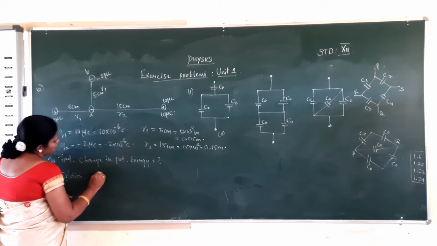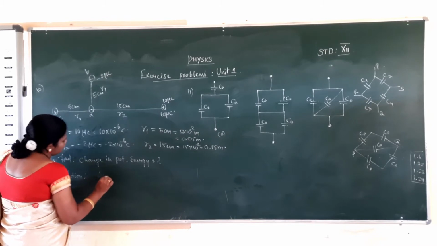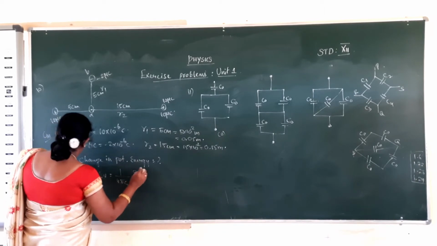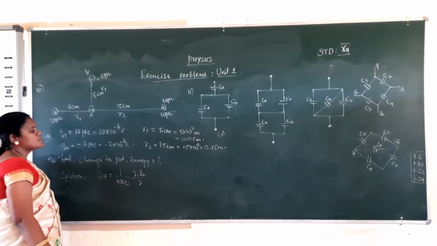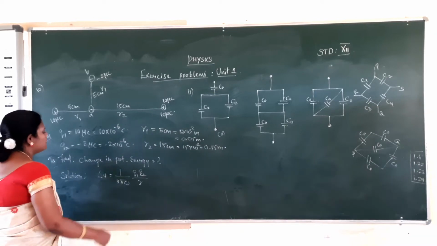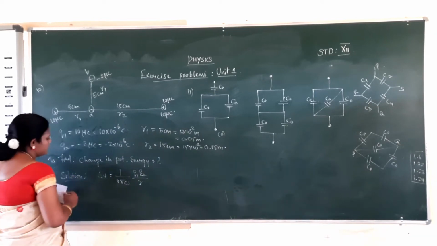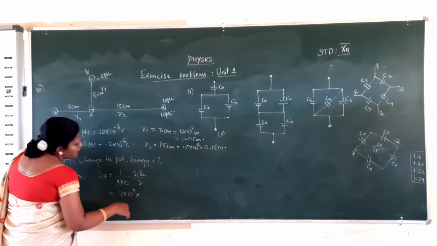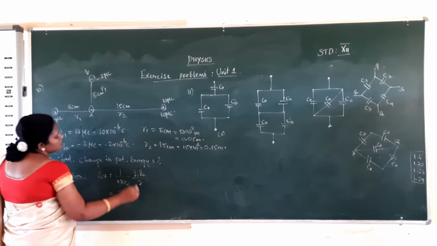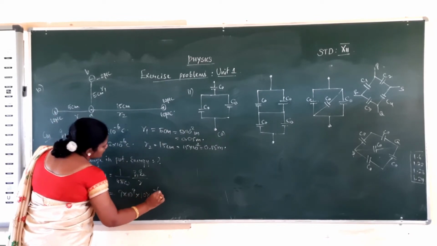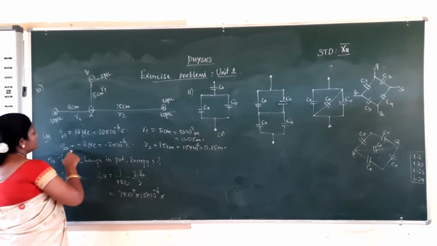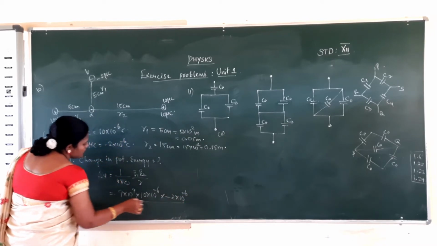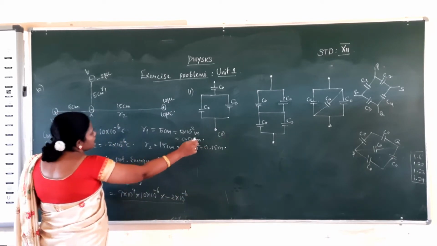Electrostatic potential energy U is equal to 1 by 4 pi epsilon naught, Q1 Q2 by R. Substitute the Q values and the R value. 1 by 4 pi epsilon naught value is 9 into 10 power 9, Q1 value is 10 into 10 power minus 6, and Q2 value is minus 2 into 10 power minus 6, by R value 0.05.